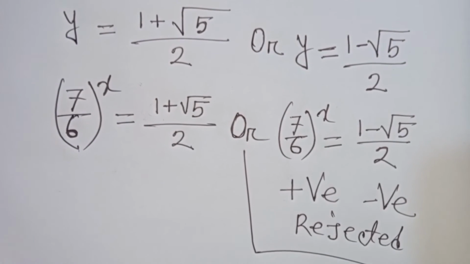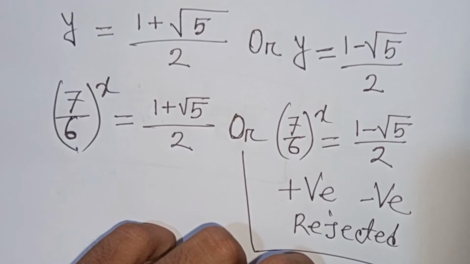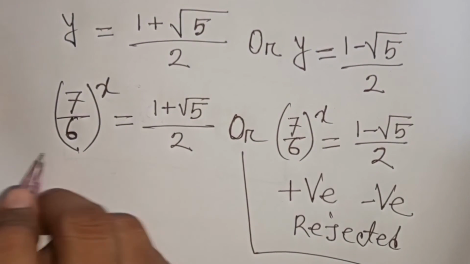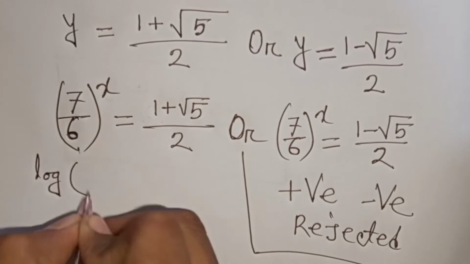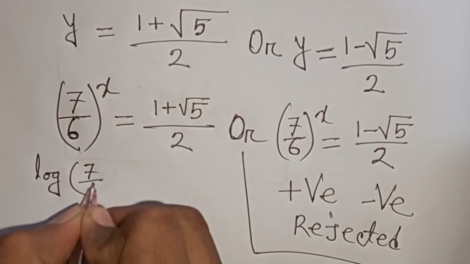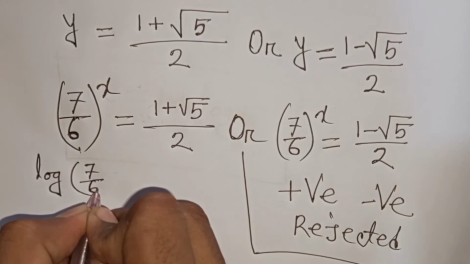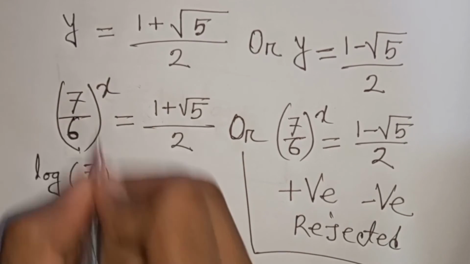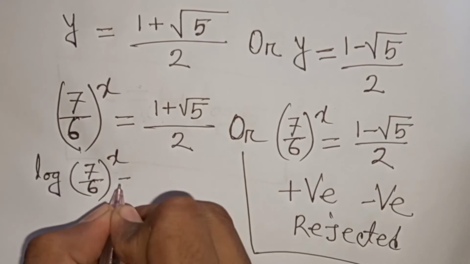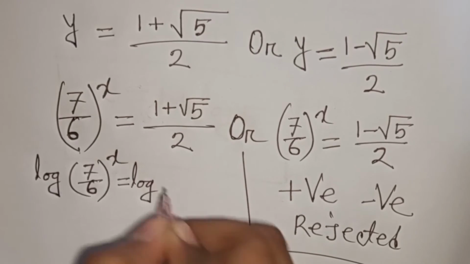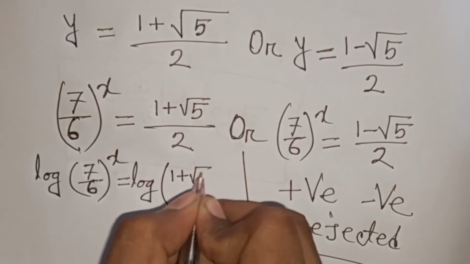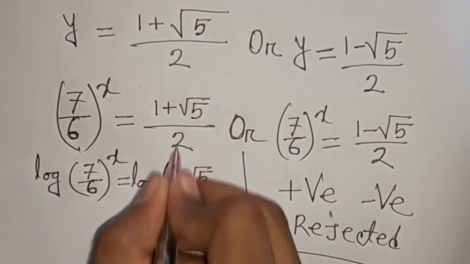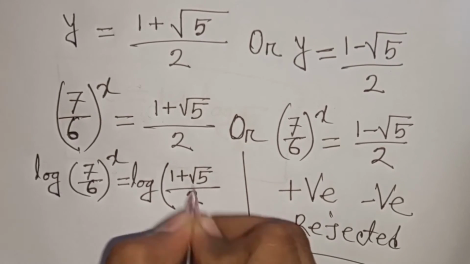Now from here we take log on both sides, so you can write here log of 7 over 6 bracket power x is equal to log of 1 plus a square root of 5 divided by 2.